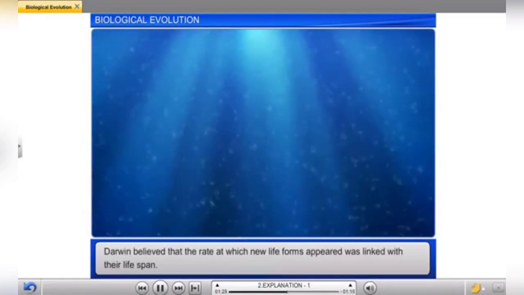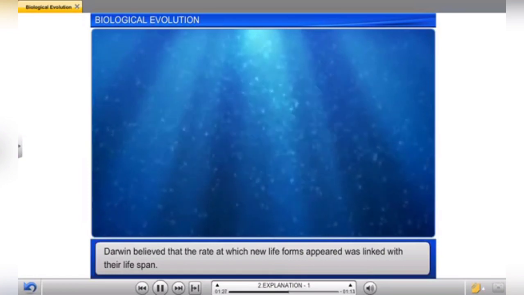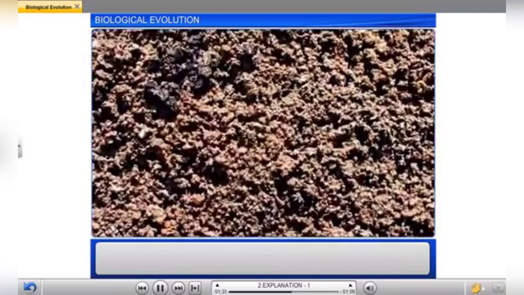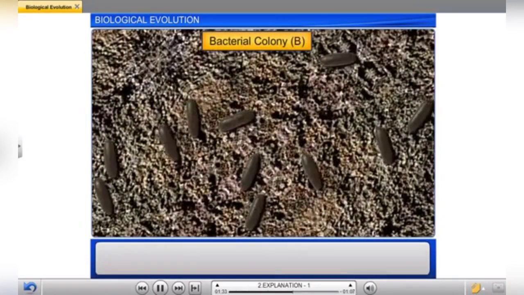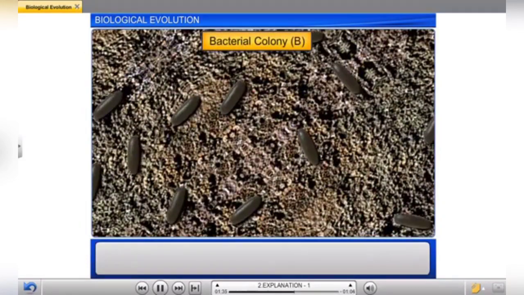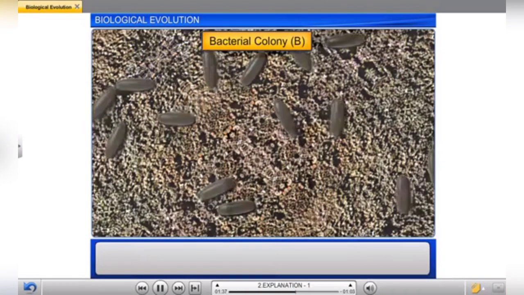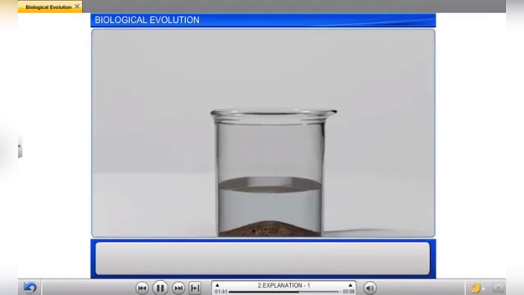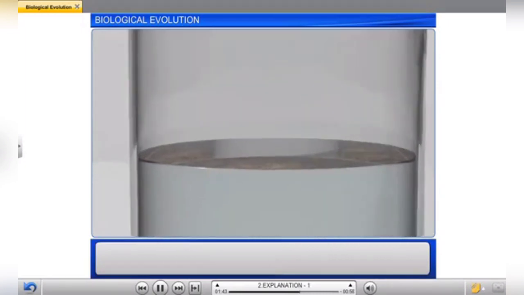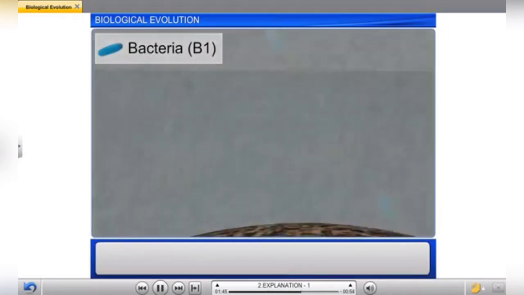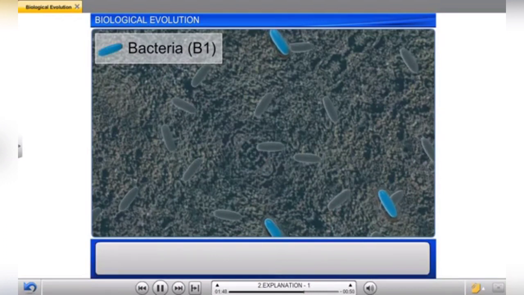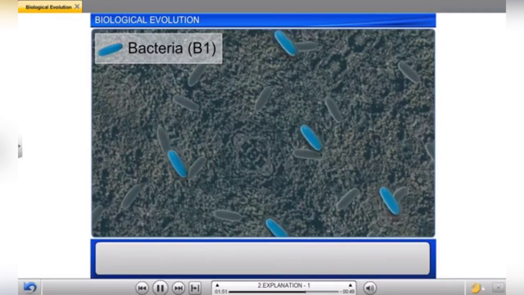Darwin believed that the rate at which new life forms appeared was linked with their lifespan. For example, consider that a colony of bacteria called B is growing in a certain environment. In case the environment of this bacterial colony is changed, there will be some bacteria, say B1, who will be able to adapt and survive under the new conditions.